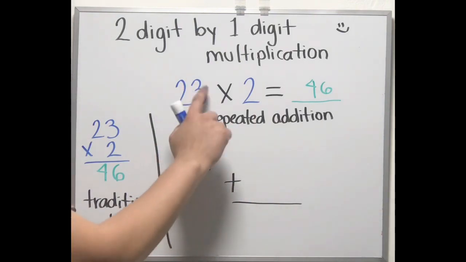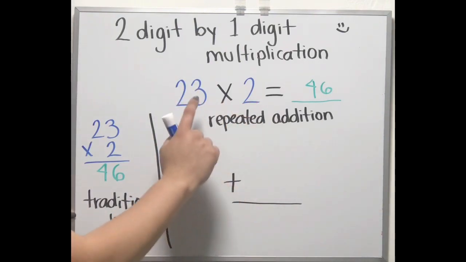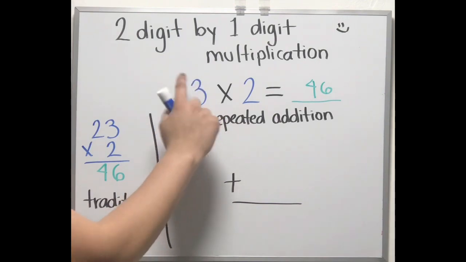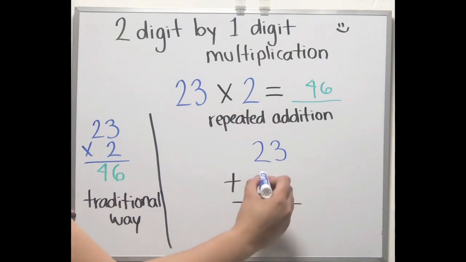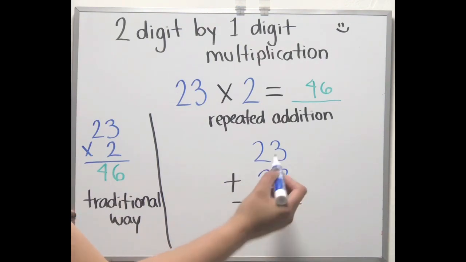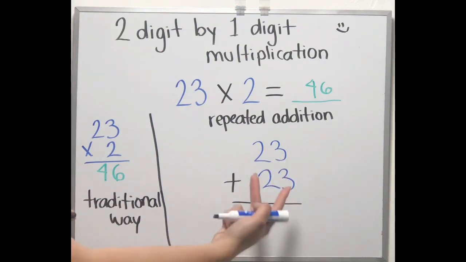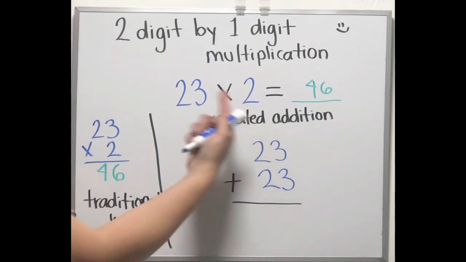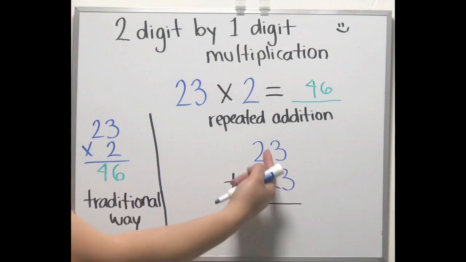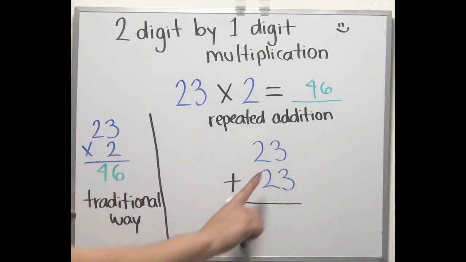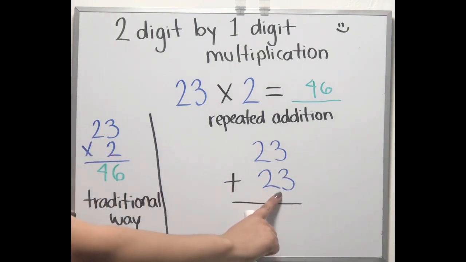So you have 23 times 2. So you're going to have 23 plus another 23. And why is that? 23 2 times. Well, because you're multiplying 23 times 2. So instead of putting 23 times 2, you put 23 plus 23.